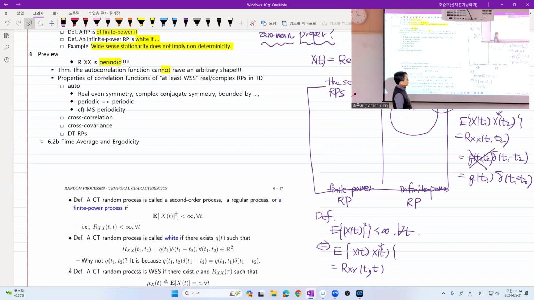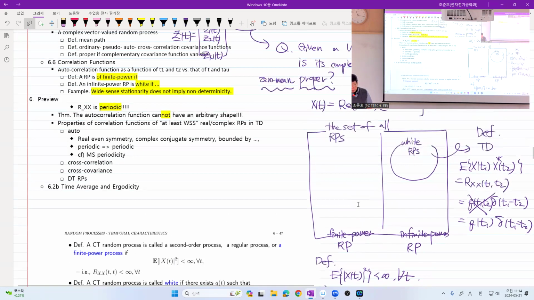So you may say that, okay, this may be some function of t, depending on the time, the same time instant, right? And if you compare with the white noise, what's the difference? If t1 equals t2, this is finite, but this is infinite. Got it? So in that sense, we have just defined a white noise. And the reason why we call it white becomes clear after we study the notion of power spectral density of a random process.